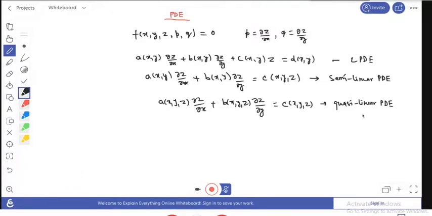partial differential equation. Basically, if a and b are only functions of x and y, then this quasi-linear differential equation reduces to a semi-linear partial differential equation.